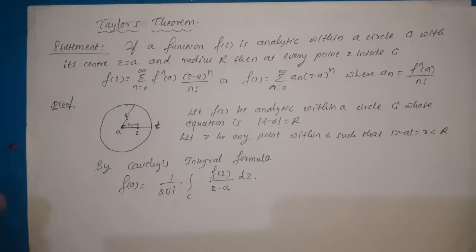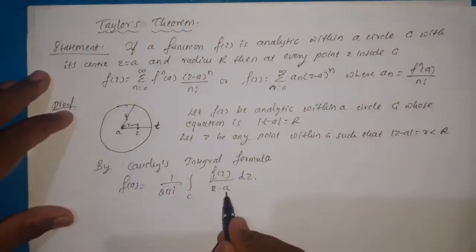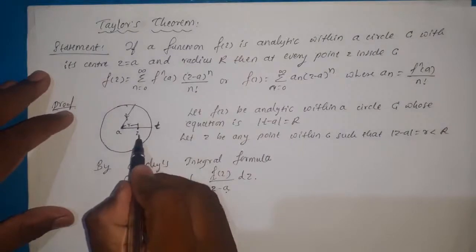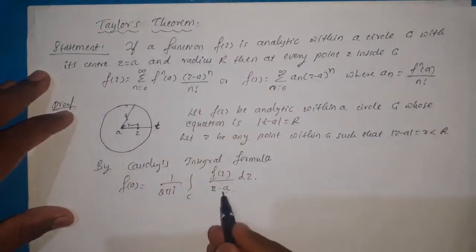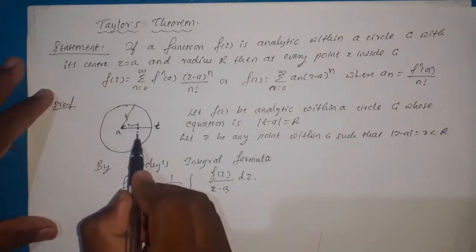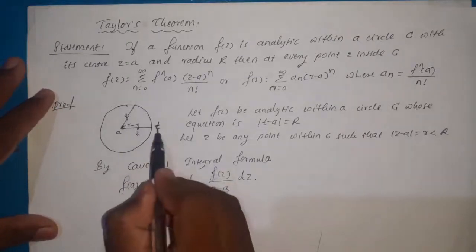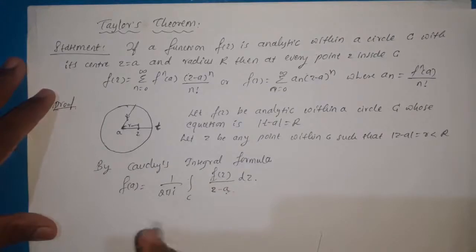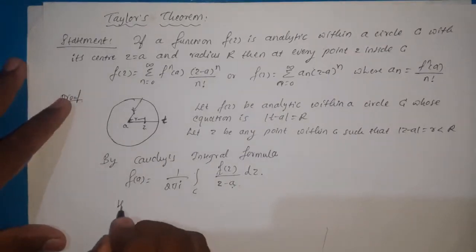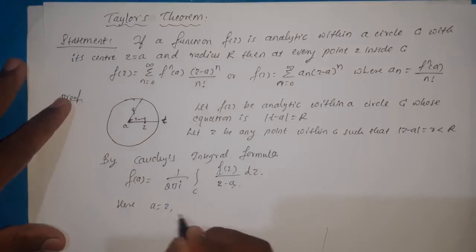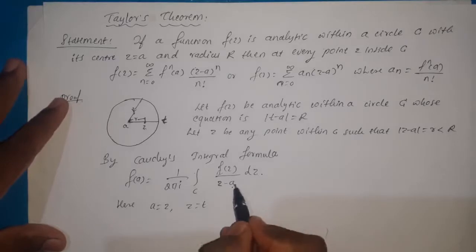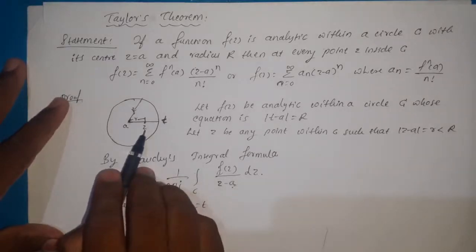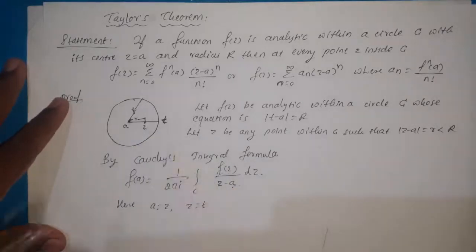But here, in place of a we have z, right? Here a is the center, z is the point within the circle, and t is the point on the circle. Therefore we can consider a equal to z and z equal to t, because in place of a we have the point z and in place of z, t.